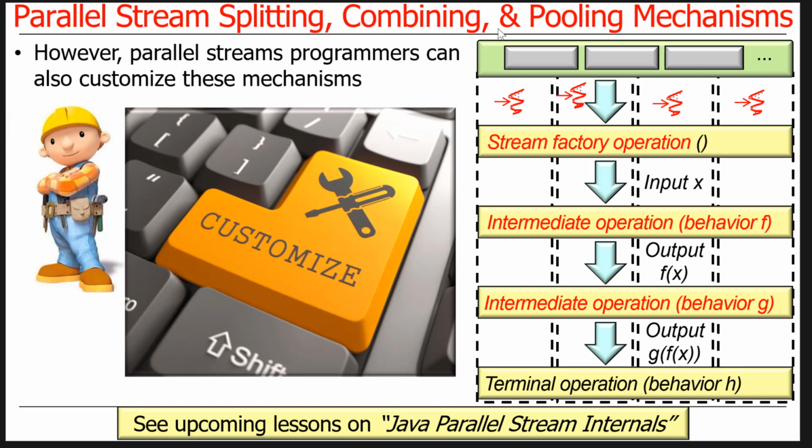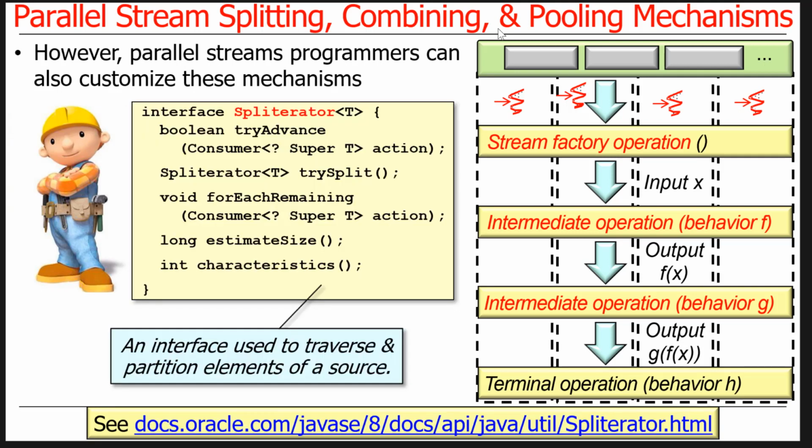However, if you need to, you can customize all of these mechanisms. So you can define your own Spliterator. There's an abstract Spliterator helper class that fills in some of the methods. There's also the Spliterator interface, which defines a whole bunch of methods for traversing and partitioning the source.